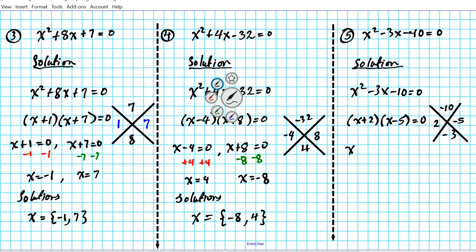And then using the zero product property, we set both factors to 0. And then you can solve this mentally. Subtract 2 from both sides, x equals negative 2. Add 5 to both sides, x equals 5. So our solutions to number 5 are x equals negative 2 and 5.